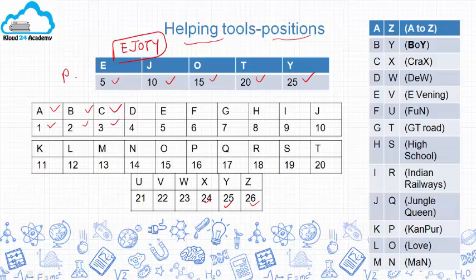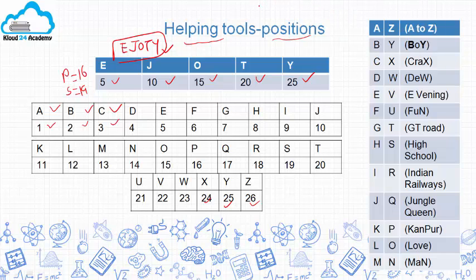P comes after O, which is at 15, so P will be 16. If I ask you the position of alphabet S, it will be like ST. T is at 20, so S will be at 19. So this is very helpful. EJOT will help you to solve the questions faster.